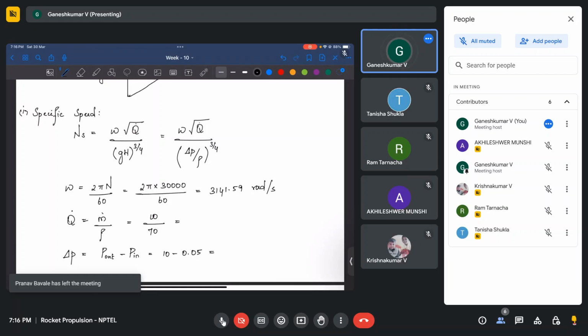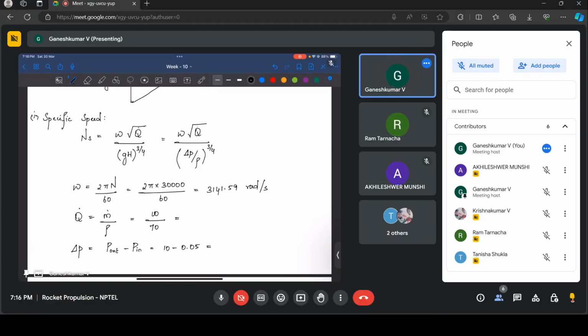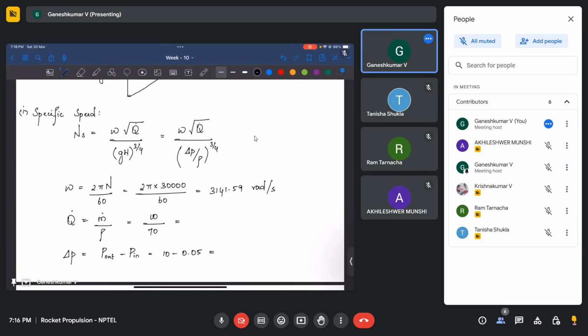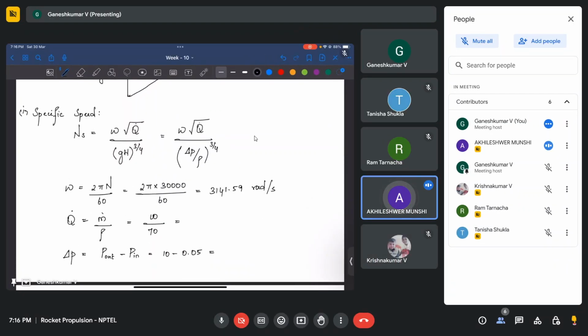I do not have a calculator with me. Let's see. 0.1429. All right. That is going to be in meter cube per second, right? And this is going to be 9.95, is it? 9.95 megapascals.